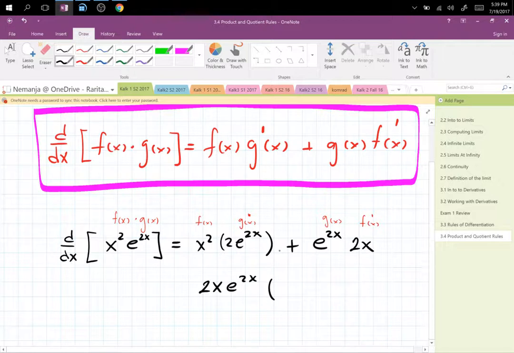And what's left is x plus 1. Wait, how do you factor out the left? I have x, I have 2, I have e. I have e, I have 2, I have x, right? So I factor out common terms.